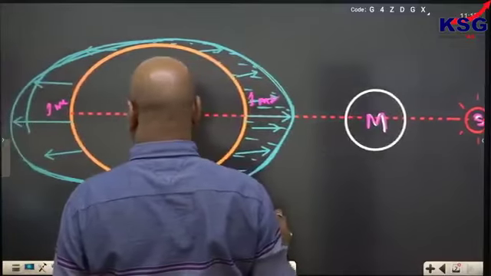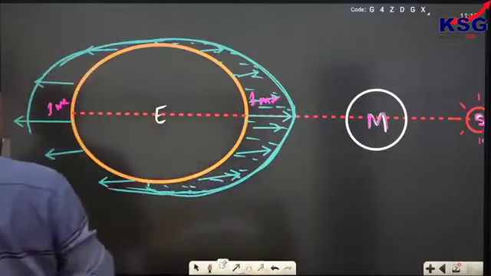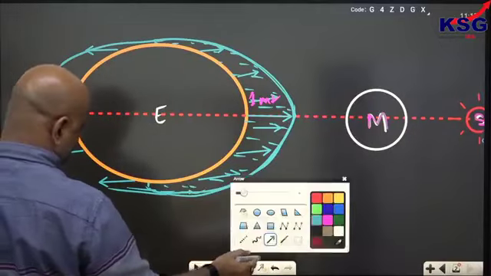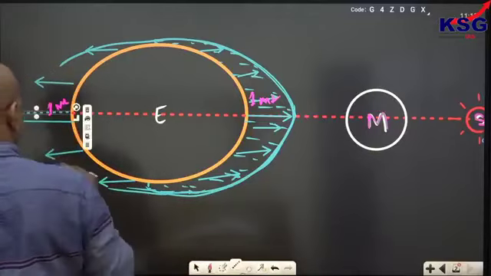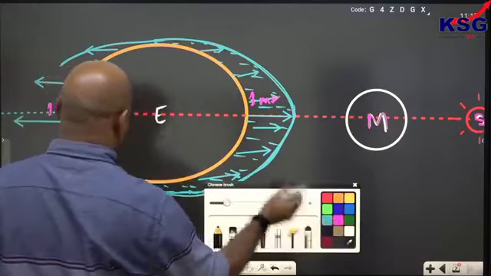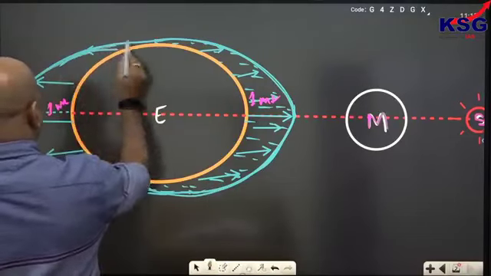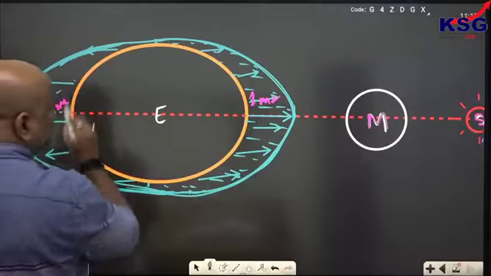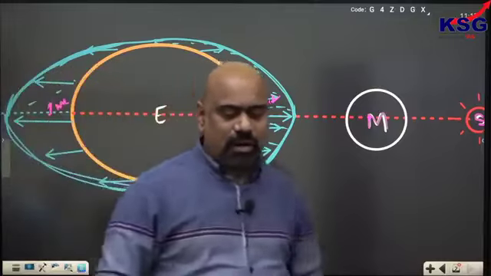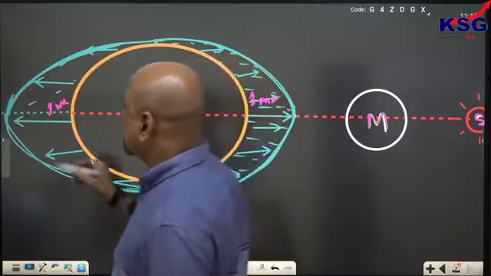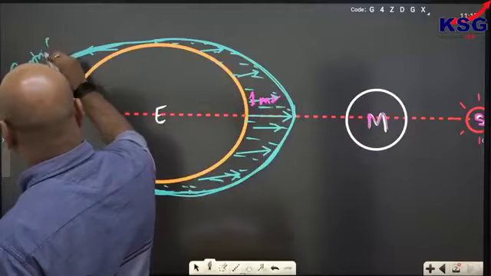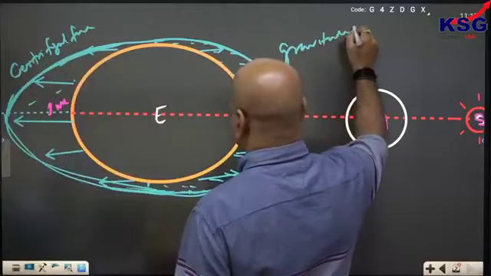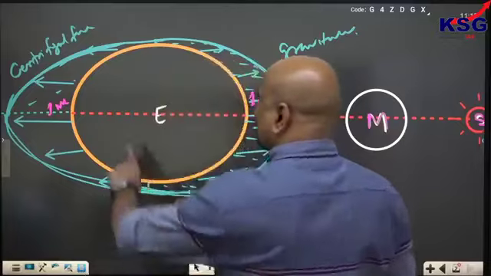The same bulginess will be there. This bulge in the water is primarily because of centrifugal force. This is the centrifugal force here, and this is the gravitational attraction. So if you have 1 meter here, there will also be 1 meter of bulging on the other side.